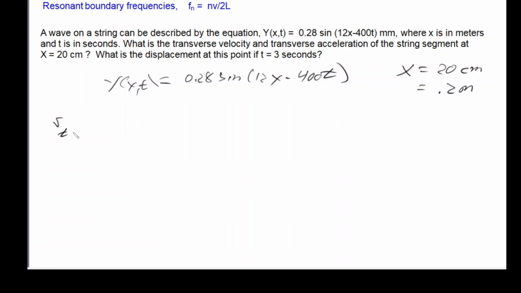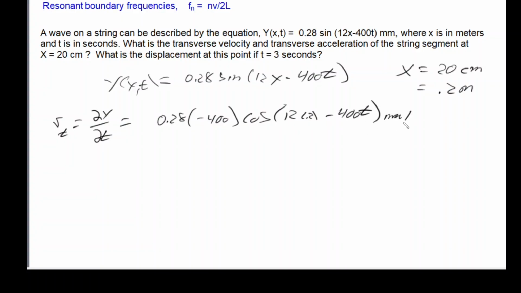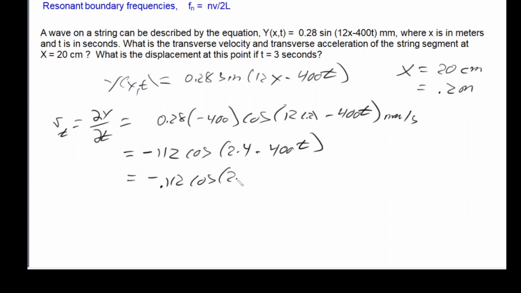So the transverse velocity is equal to the derivative of y with respect to t, which becomes 0.28 times minus 400 cosine of 12x, which is 0.2, minus 400t, and that becomes millimeters per second, or that's equal to minus 112 times the cosine of 2.4 minus 400t, which is minus 0.112 times the cosine of 2.4 minus 400t in meters per second.